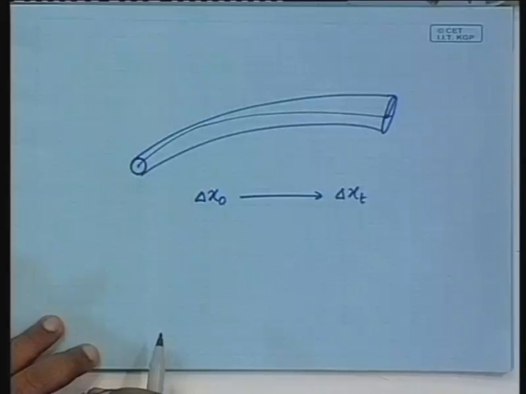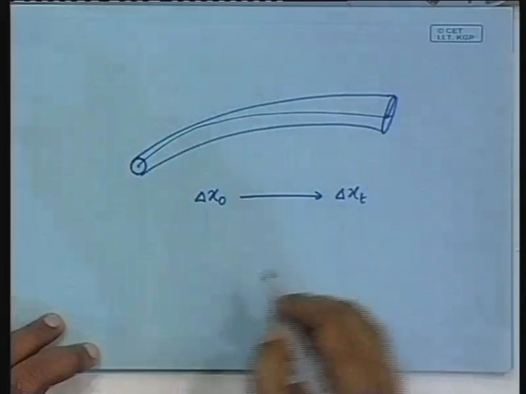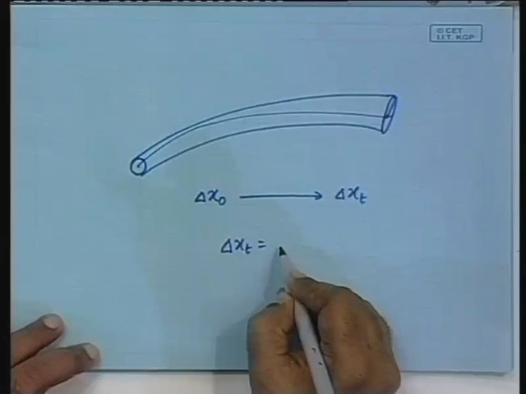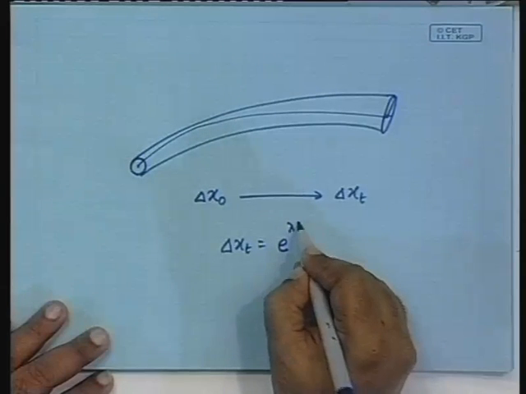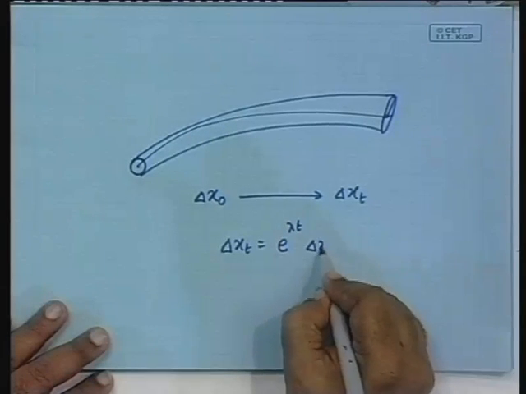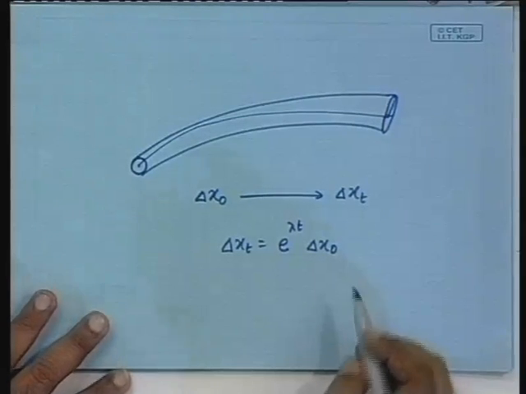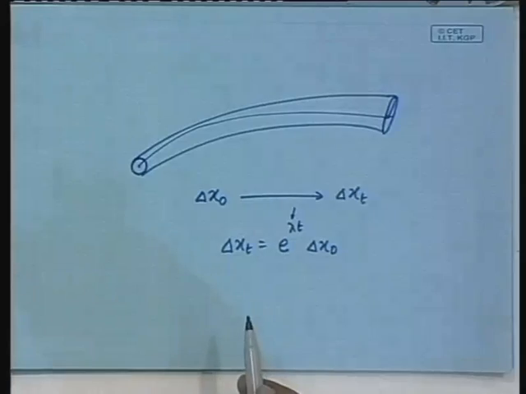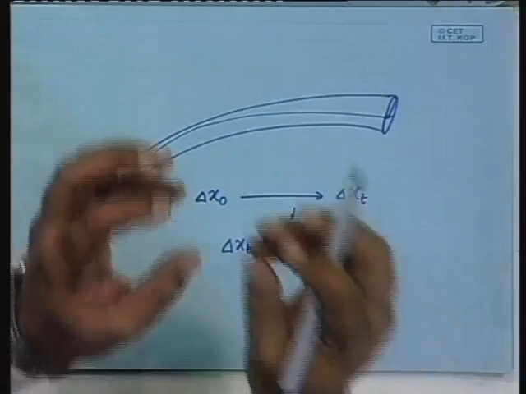Now, if these 2 points happen to be in this direction, then you can write delta x t is e to the power lambda t times delta x naught. So, here is the term that comes in. It is sort of a linear approximation we are making here.